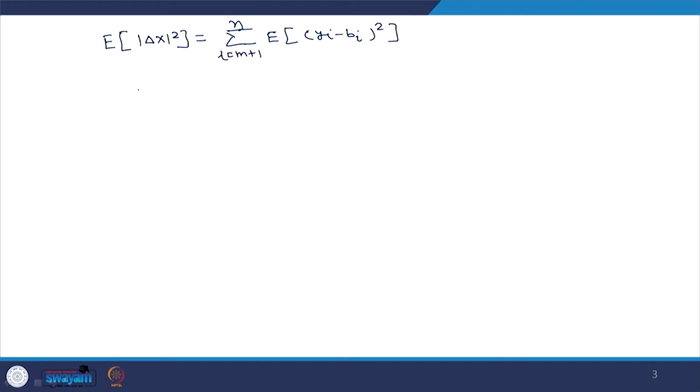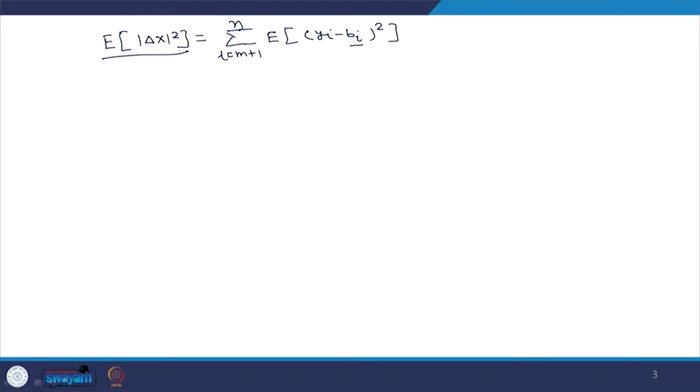In PCA, what do we need to do? We need to find b_i as well as phi_i which minimize this particular error, because it is the representation error and we want to preserve as much information as possible in the lower dimensional space. So, we have to minimize the representation error. First, find b_i.